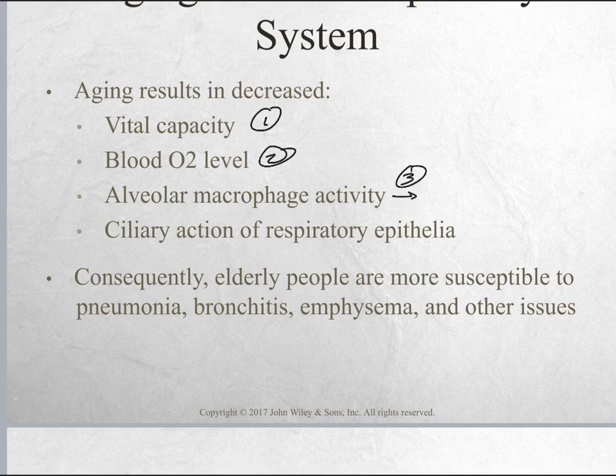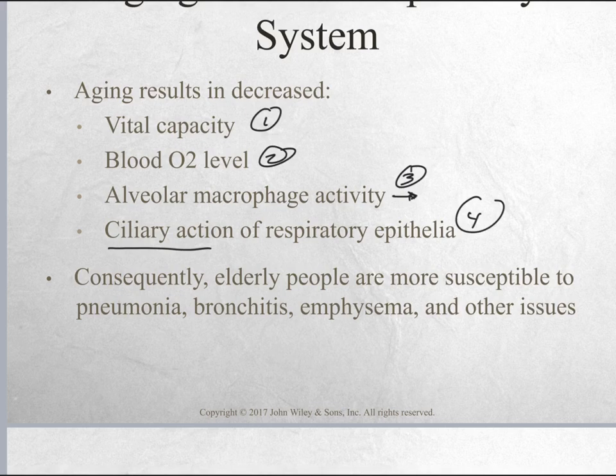Number 3, our alveolar macrophages stop working as optimally as they did when we were younger, which means that this will make us more susceptible to dust, dirt, bacteria, debris that actually makes its way down into those delicate alveoli. So those alveolar macrophages usually take care of this when we're young. As we're older, they start decreasing their activity. Lastly, ciliary action, number 4. So those cilia stop working, they're damaged, they're not functioning properly.